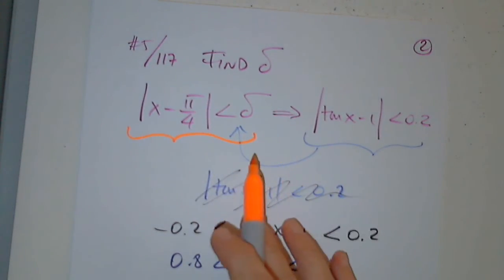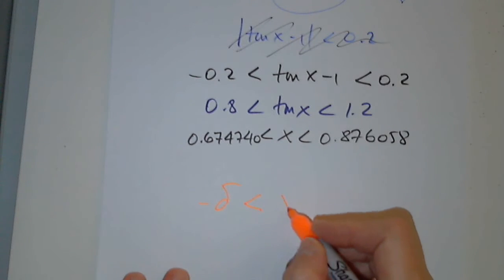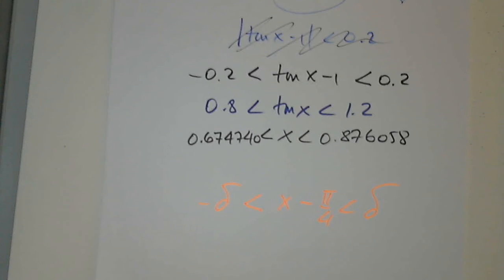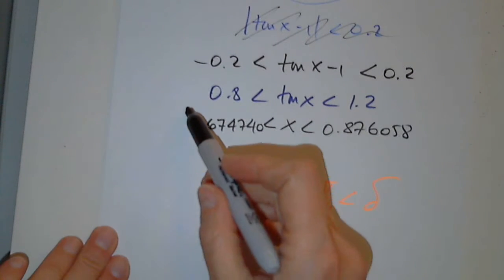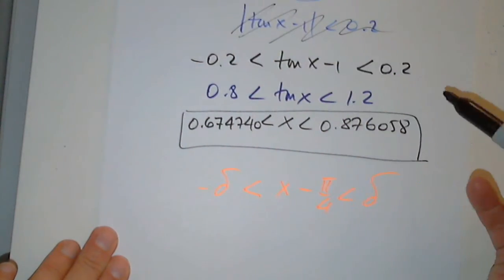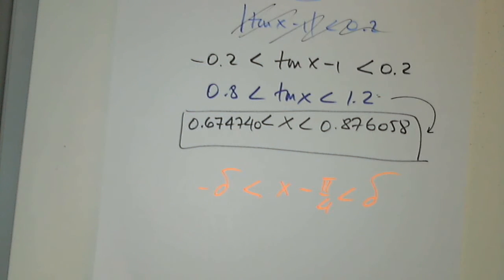We need something like this, which really means negative delta less than x minus pi over 4 less than delta. That's what it really means. So what do you think we have to do to all three sides of this inequality that solves this inequality? The solution of this is this. Well, what do I have to do to all three sides in order to get x minus pi over 4 in the middle? Because it has to be in the middle.